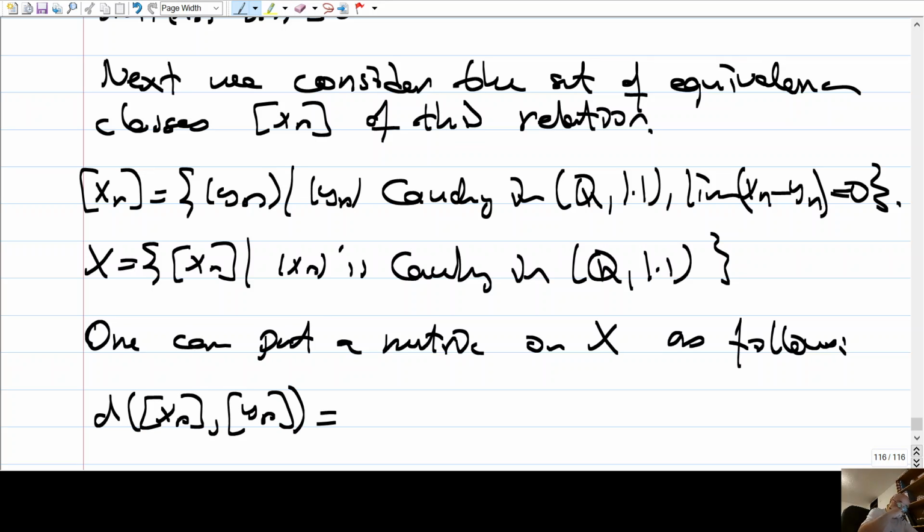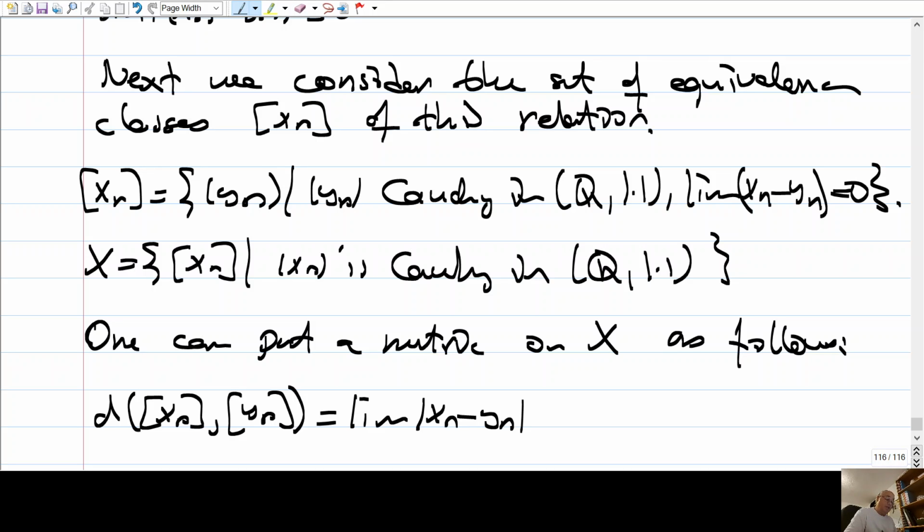Well, you just look at the limit of the distance between xn and yn. Of course, you have to prove that this is well defined and so on, because this is not just a single Cauchy sequence. It consists of many Cauchy sequences. So you have to show that this limit exists.